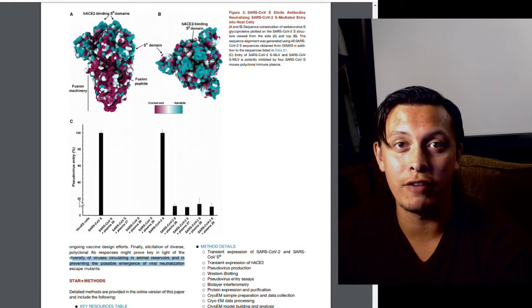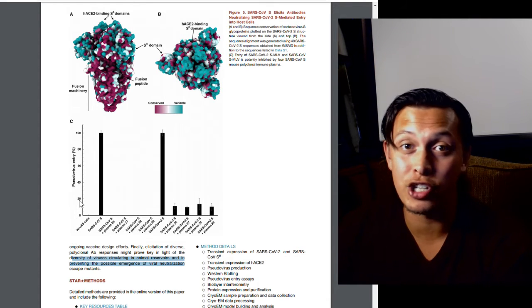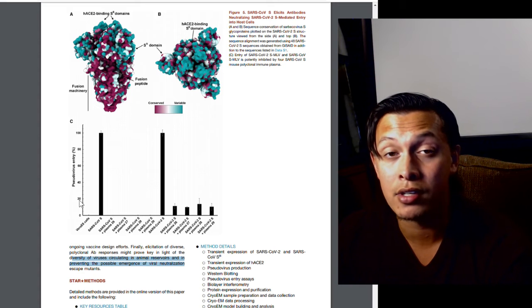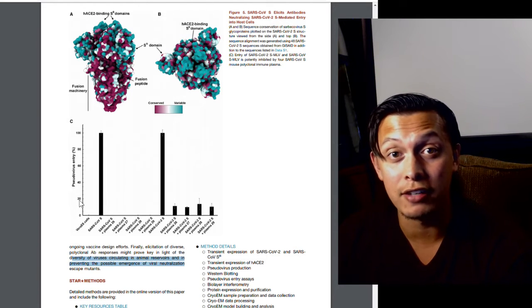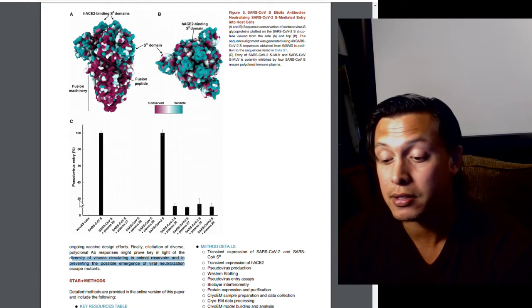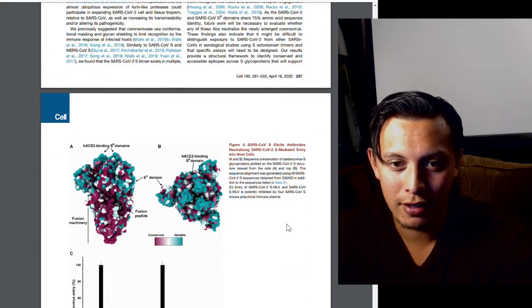Especially if we can get them from mice and purify them from mice and then inject them into ourselves, that would be an example of using polyclonal antibodies that could be cross-reactive and could protect us from many different types of coronavirus spike proteins. So we're done, finally.